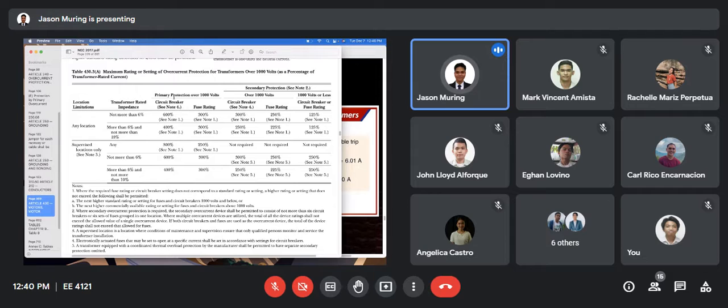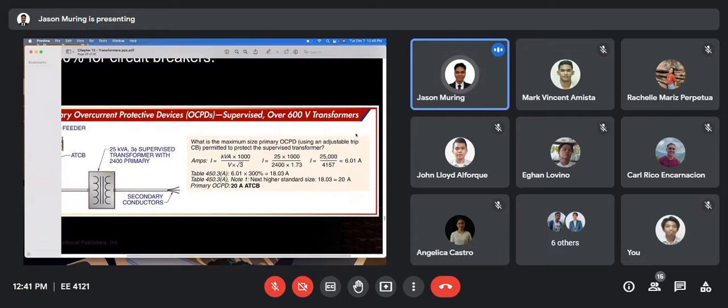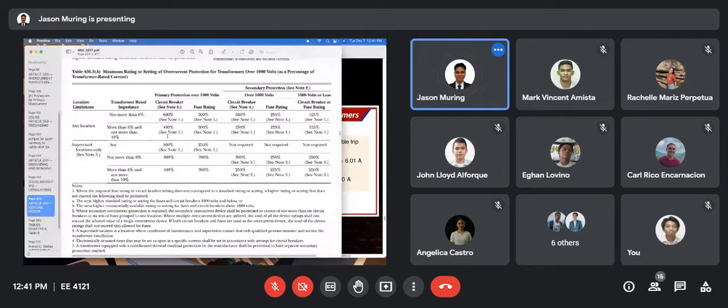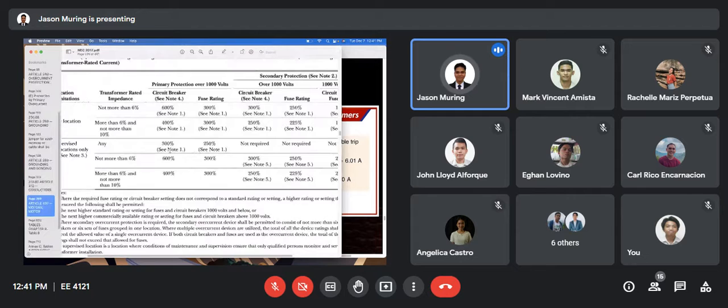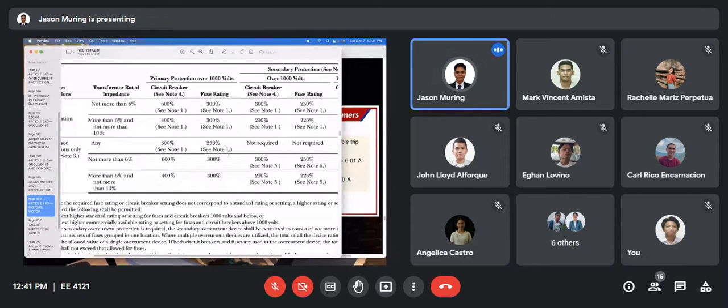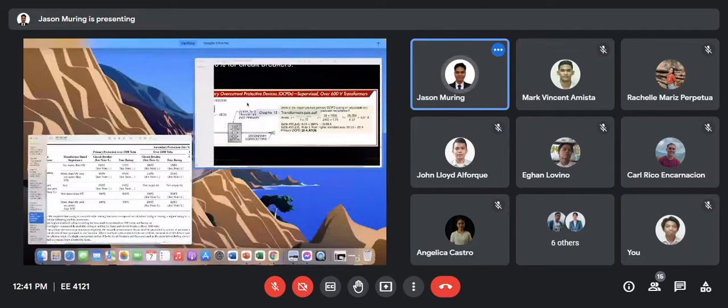So in here, if we are using a circuit breaker, this is for over 600 because there's no other option. So therefore we use 300% for circuit breaker and 250% for fuse rating.